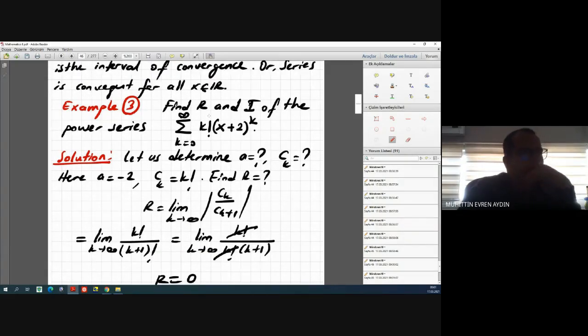Okay, another example in which we have to find the radius and interval of convergence for such a power series. As can be seen, the center of the power series is equal to -2, and the constant part is k factorial.